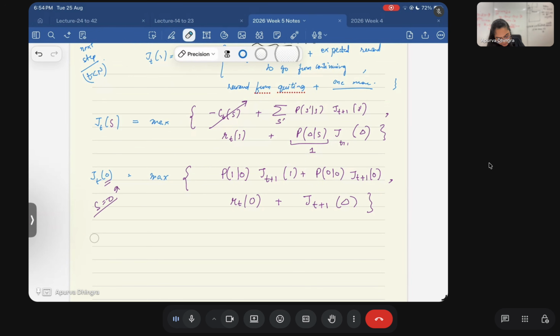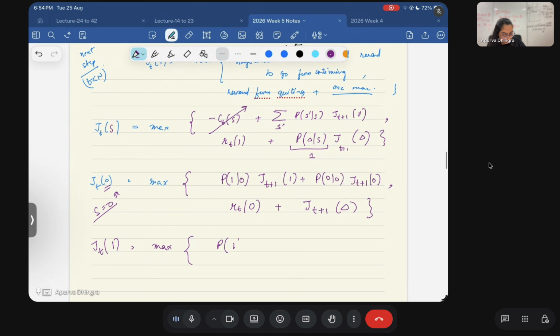Now let's similarly write for the other one, which is J t of 1. Same object, but now s is 1, so we get a probability transition from 1 to 1, J t plus 1 of 1, and this is the probability transition from the current state 1 to the new state 0, J t plus 1 of 0.